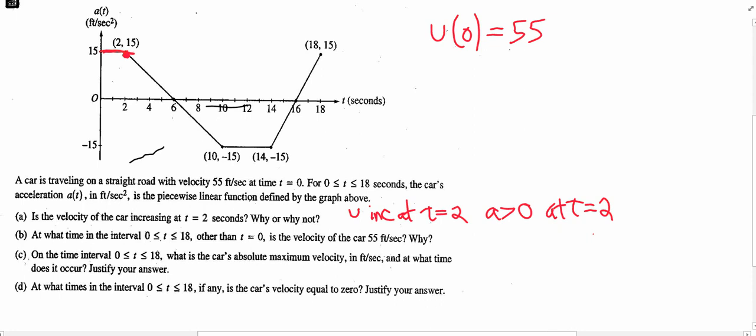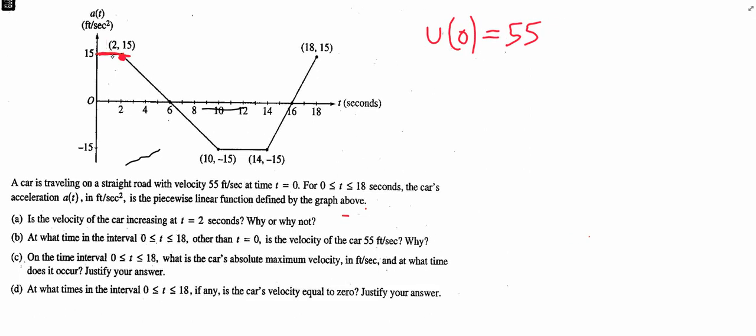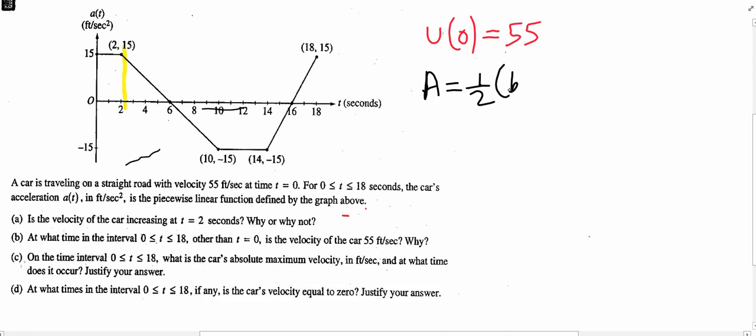Let's talk about what exactly is happening if we look at the area underneath the curve. Let's take a look at a simple area formula. However we split this up, if we do rectangles, it'd be length times width. If we split it up in trapezoids, it's half base 1 plus base 2 times the height, right? The whole point of me talking about this is that I wanted to examine the units.